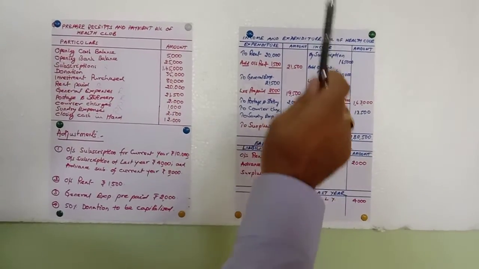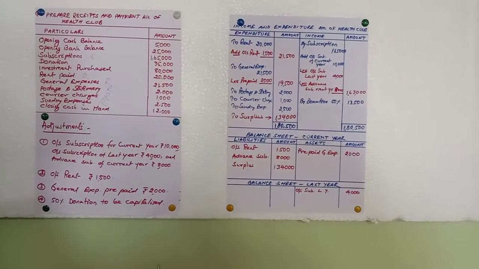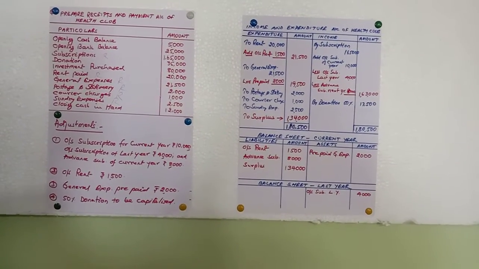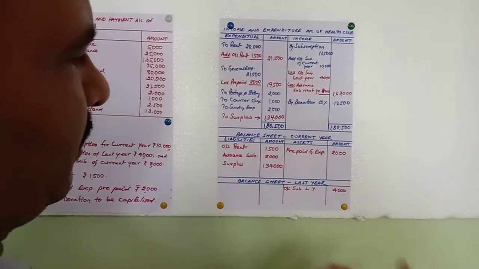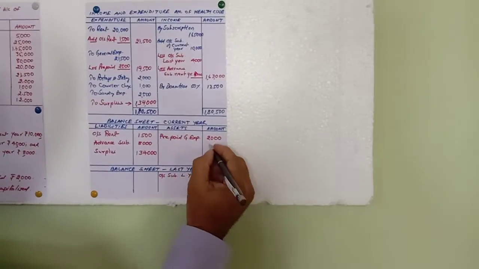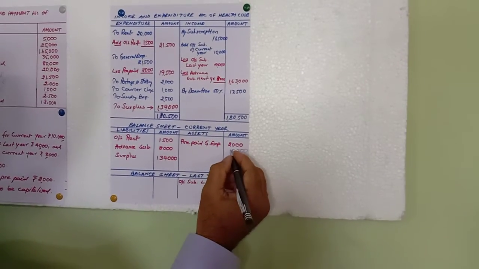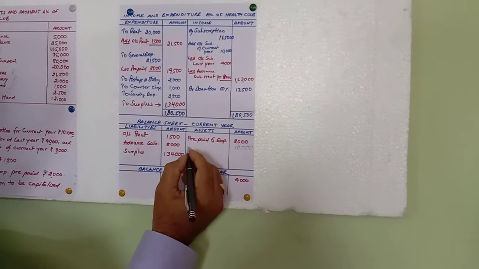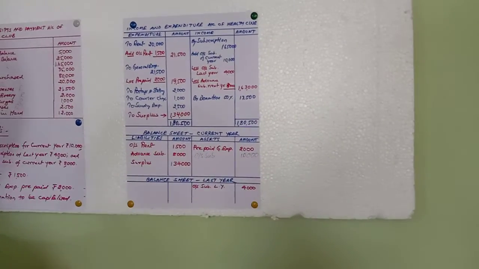Then the second effect of this will be in current year balance sheet, that is 10,000. So if you are writing outstanding subscription, you can write here 10,000 rupees.